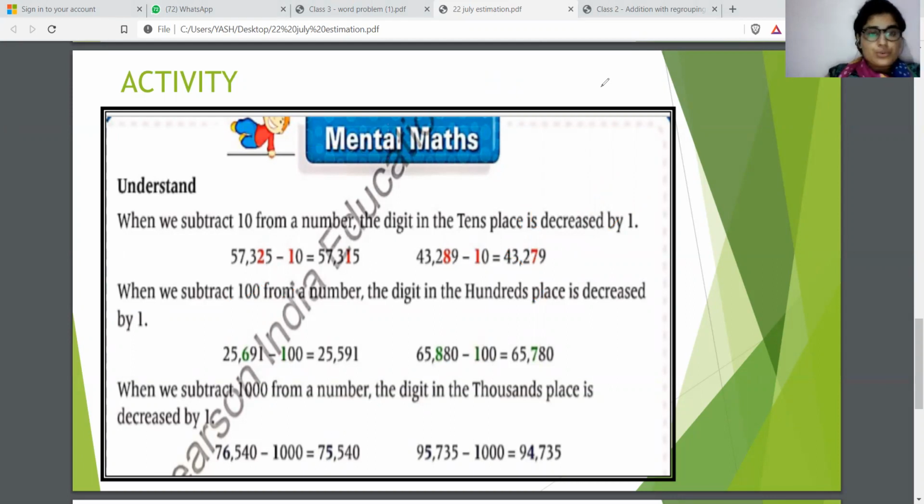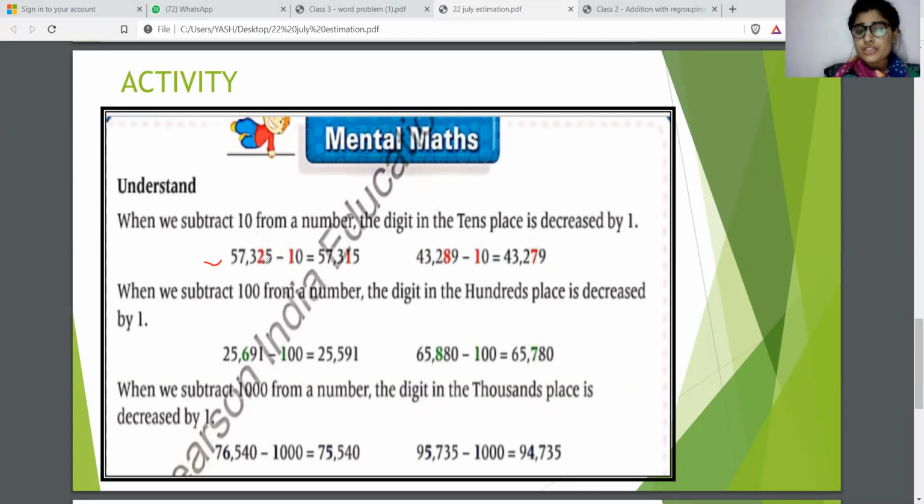Whenever we are subtracting 10 from a number, what we have to do is decrease the digit in the tens place by 1. For example, here you can see the number 57,325.